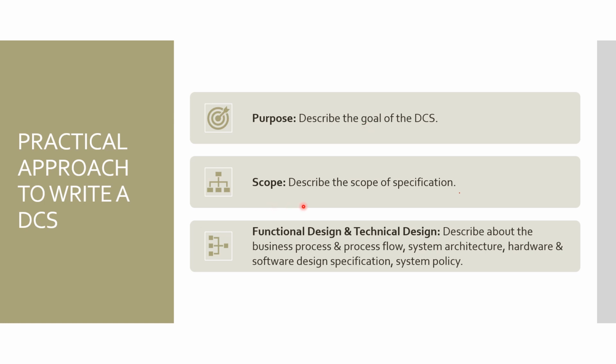Here we need to define about the scope of design configuration specification which should cover all the specifications such as security and regulatory specification, and also the technical specification and software functionality specification for the respective software and system. The next is functional and technical design specification. Here we need to define about the business process and process flow, system architecture, hardware and software design specification and system policy.